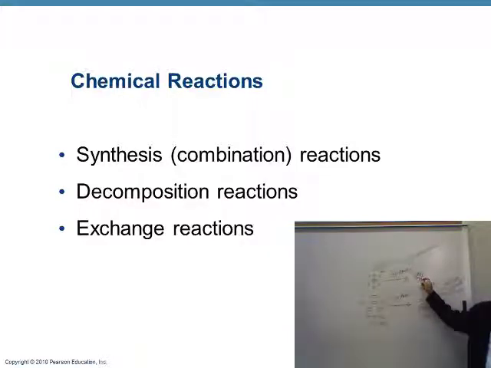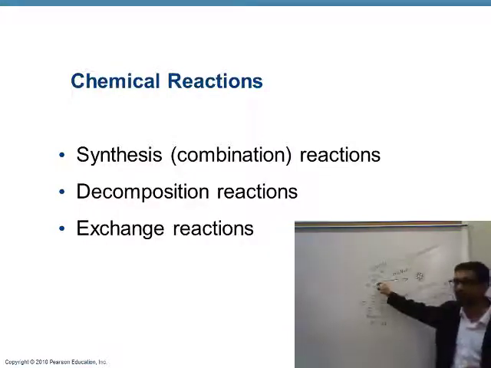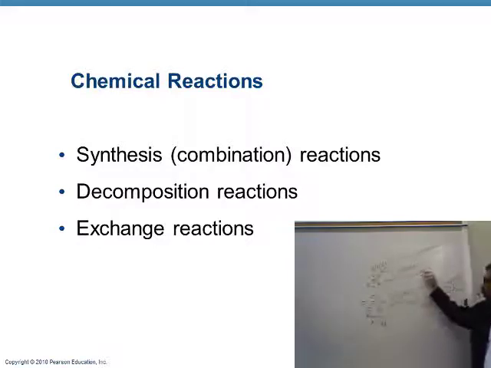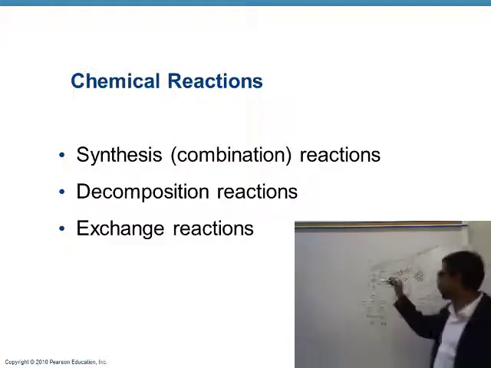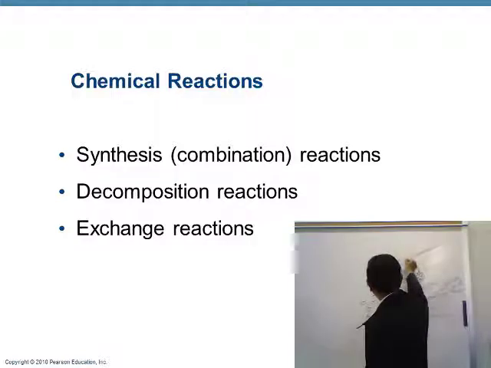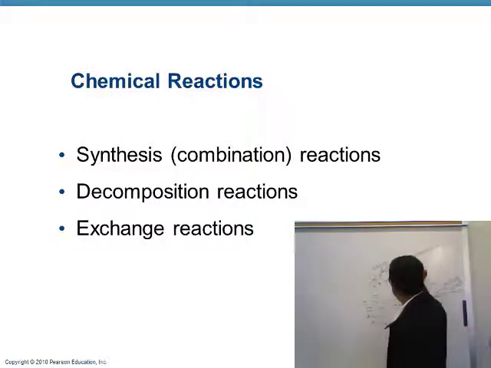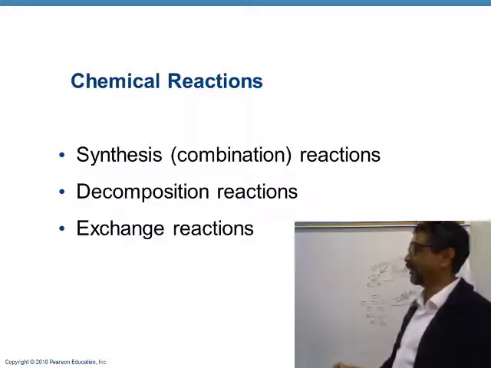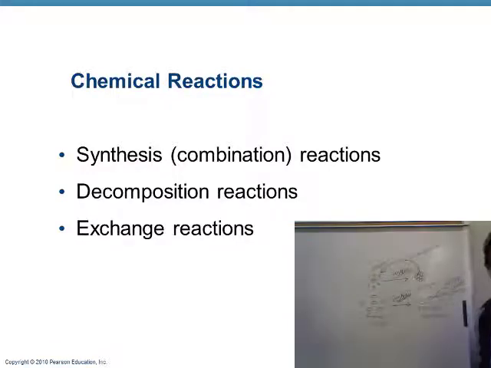Make sense? Like if you take too much glucose, your body doesn't need it now. So what will the body do? It will convert the glucose to glycogen and store it. So synthesis reactions occur to store, and decomposition occurs to break down and supply the need of the body.